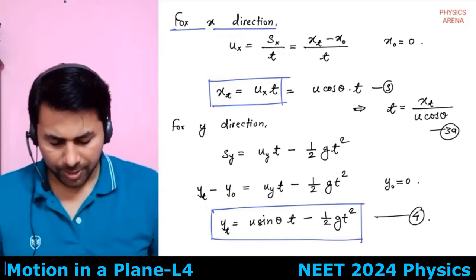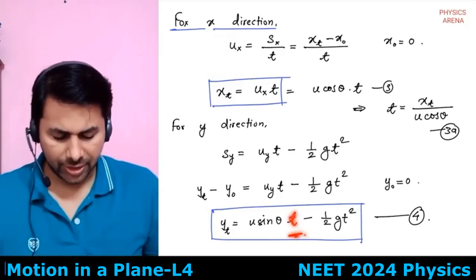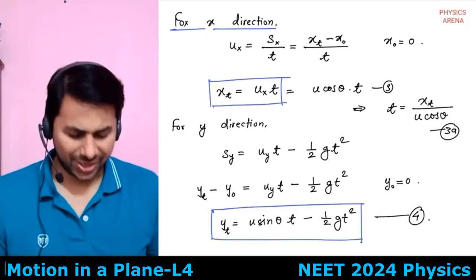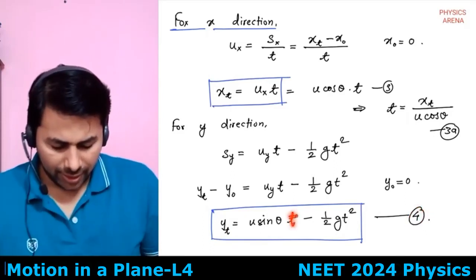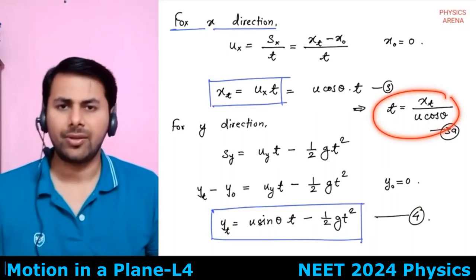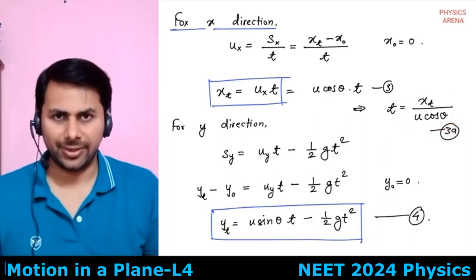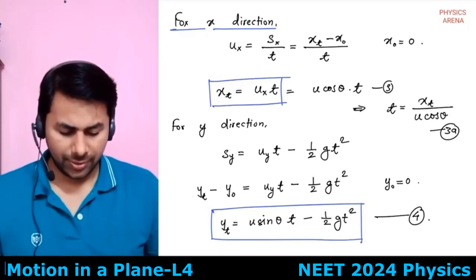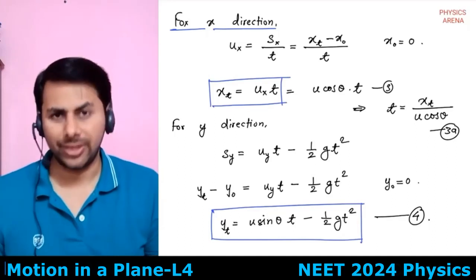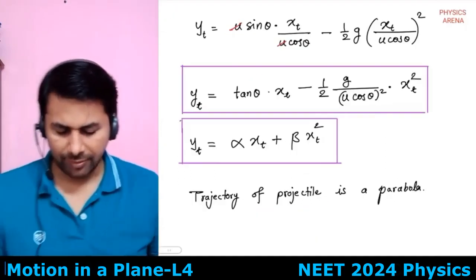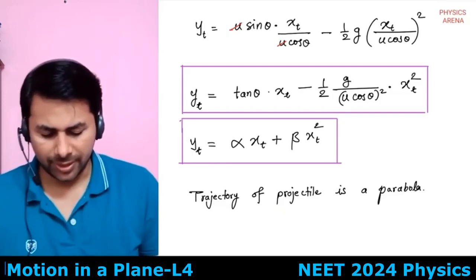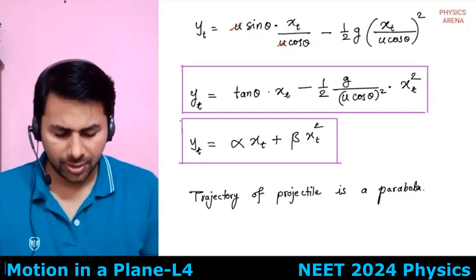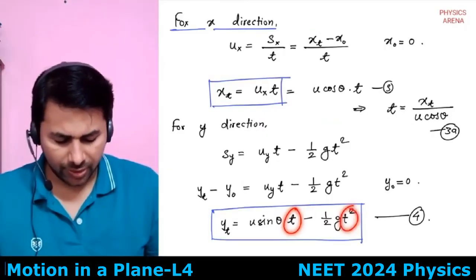And now if I put the value of time in this equation, let's call it equation 4, I will get the relation between y position and x position. That equation is known as the equation of path of projectile. So if you substitute time equal to xt divided by u cos theta, here you have t, here you have t square.